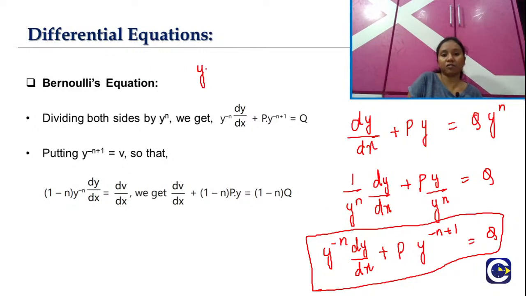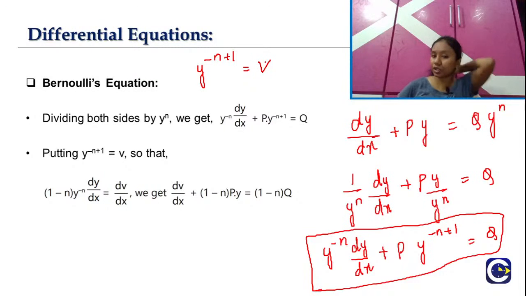That means in place of y power (minus n plus 1), we are going to substitute v here, so that the entire equation will be in terms of v. So we are just rewriting it so that we can reduce the Bernoulli's form of equation into our linear form. Okay, Shivaranjani has given the answer for the previous one. Okay, fine.